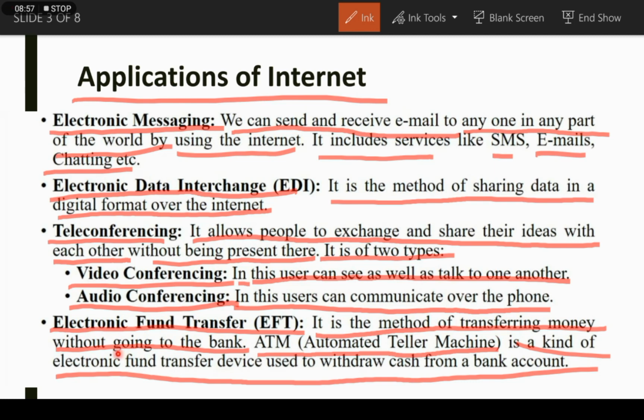As we make many payments, when we purchase anything from a website, we generally use our debit card for purchasing a product. So this is also an example of electronic fund transfer.